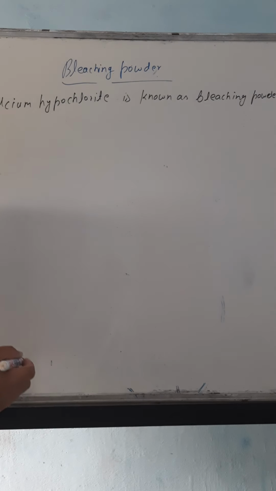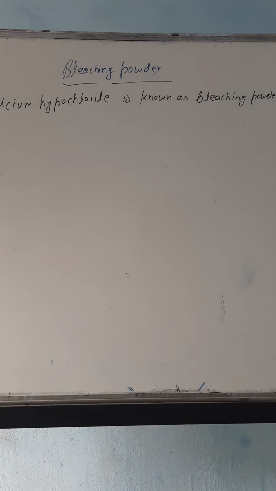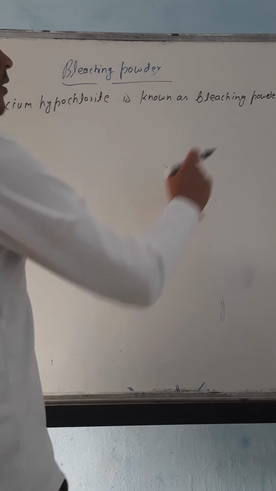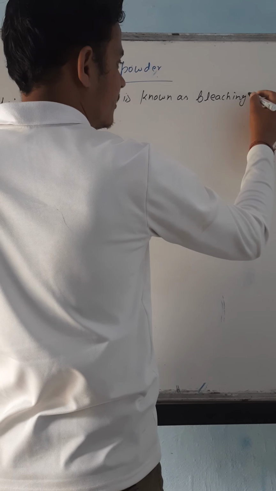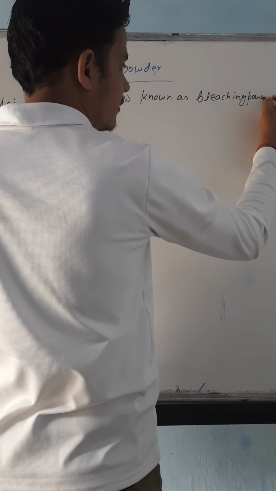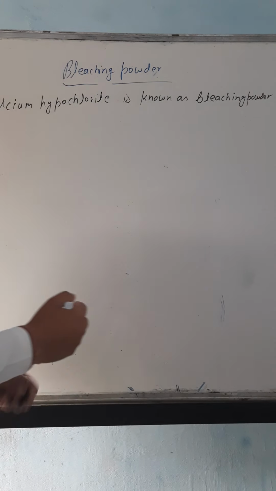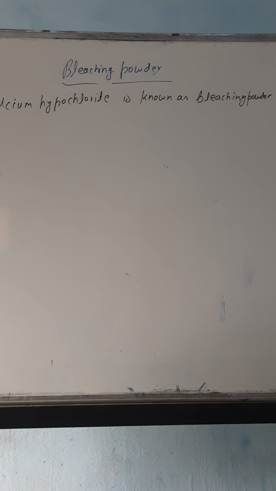Okay, so calcium hypochlorite is known as the bleaching powder. Are you getting this? Let me write it here to make it visible. Calcium hypochlorite is known as the bleaching powder.